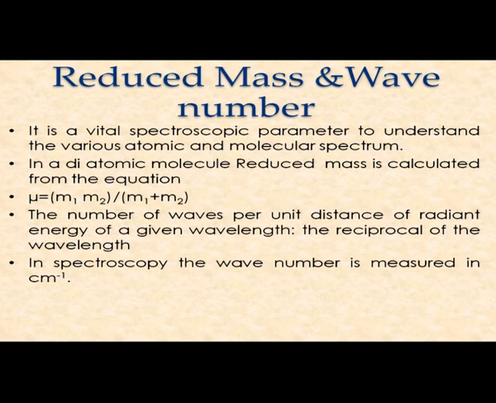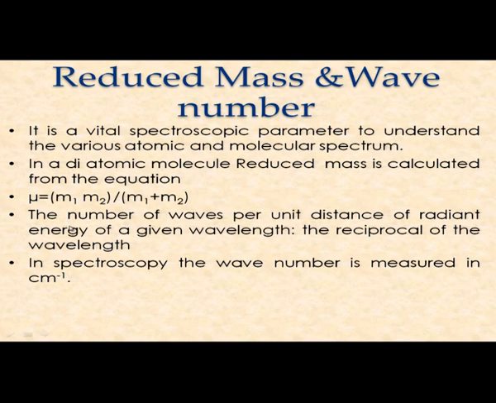In a diatomic molecule, reduced mass is calculated from the equation mu is equal to m1 into m2 divided by m1 plus m2, where m1 and m2 are the masses of each atom present in a diatomic molecule.